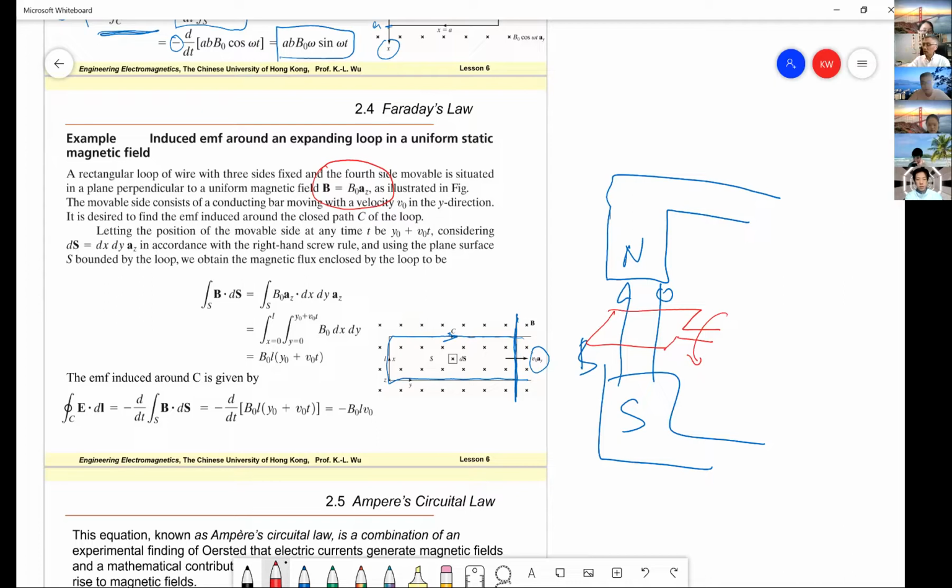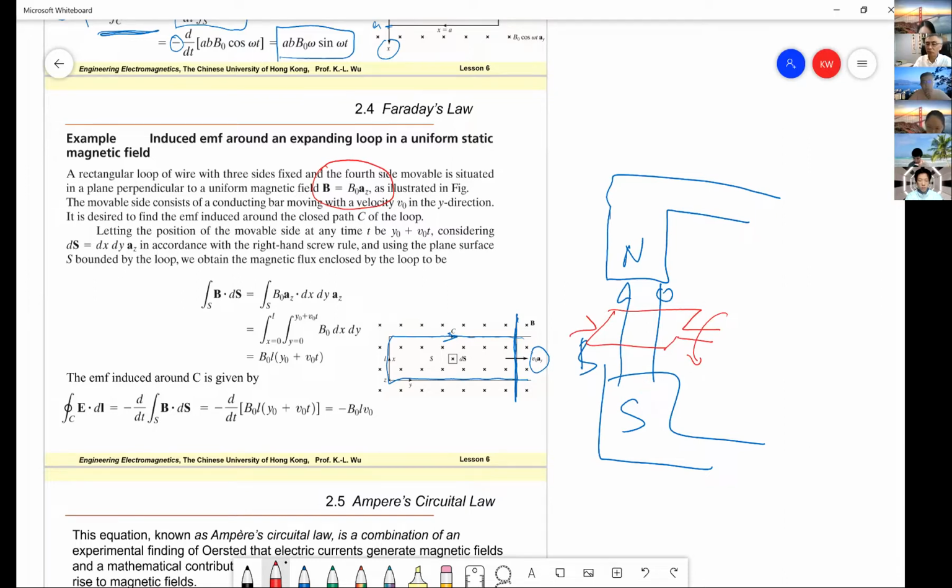That means the total area, the flux of the B, will change over the surface. So this is also the way we create a generator, an electrical generator.